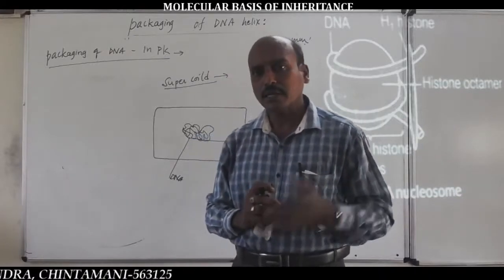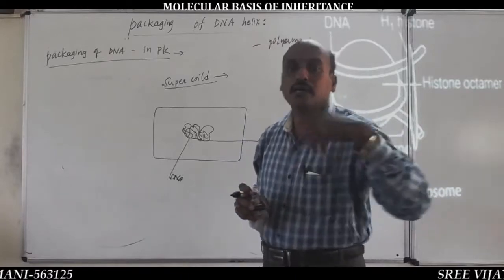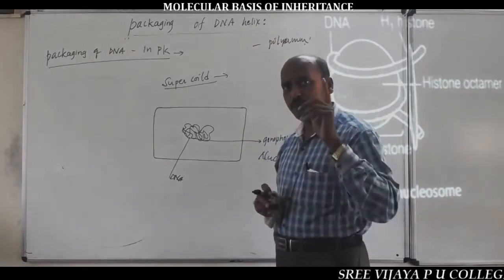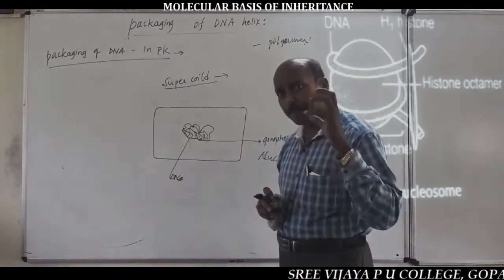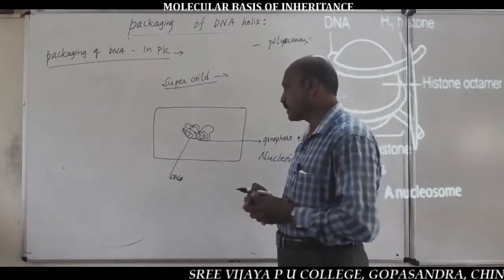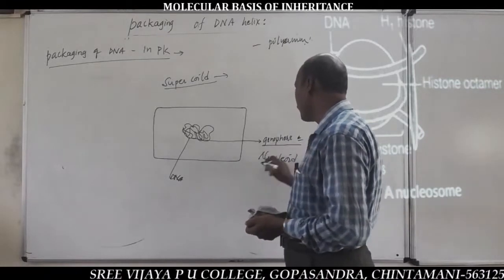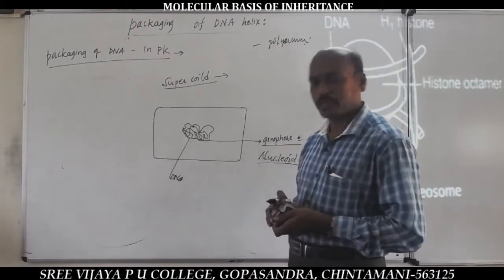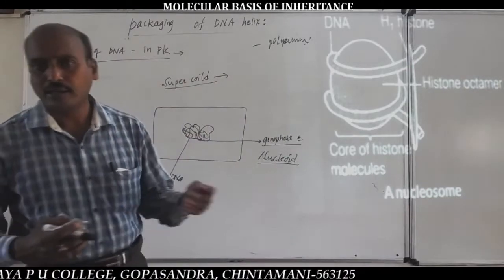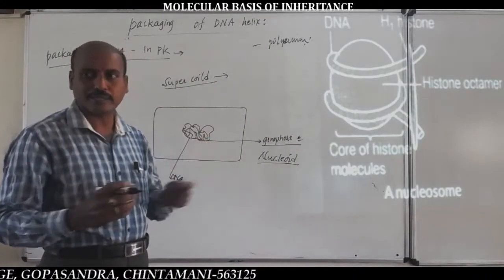This is because DNA is present in the cytoplasm in super coiled nature due to the presence of basic proteins called polyamines. This compact DNA present in the cytoplasm of the cell in prokaryotes is called genophore or nucleoid. So the packing of the DNA helix in a prokaryotic cell like E. coli is very simple.